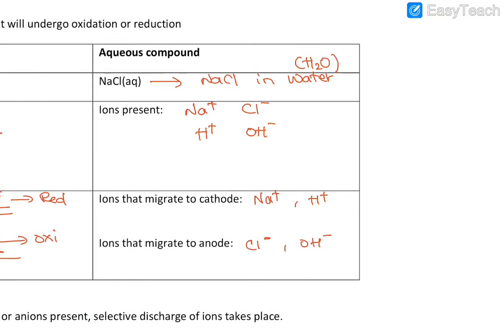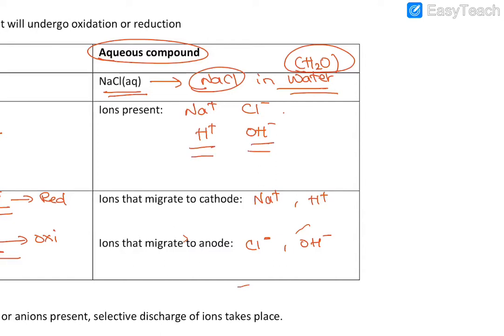Now, if you have an aqueous compound, it means that you have the salt dissolved in water, so you're going to have the ions from the salt and the ions from the water as well. So you have Na+, Cl-, H+ and OH-, which are from water.